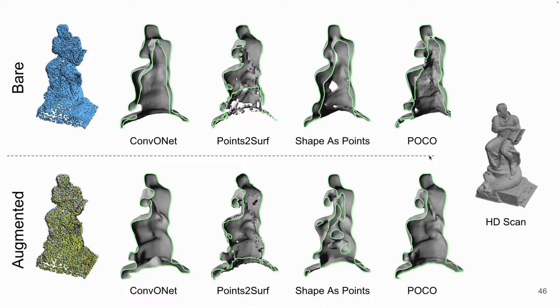So this is probably due to the fact that the networks learned some sort of dataset bias from the ModelNet dataset. And for most methods, we do not have this problem at all with the augmented point clouds, which reconstruct a nice closed surface of this statue.